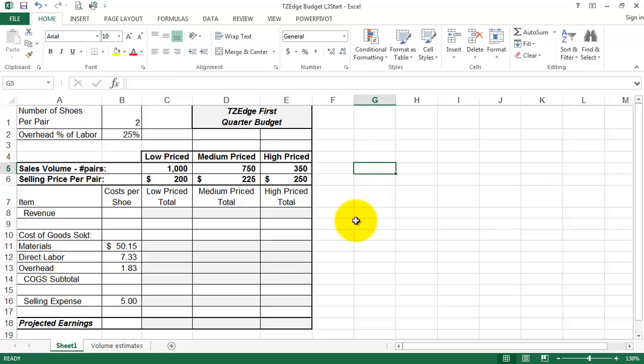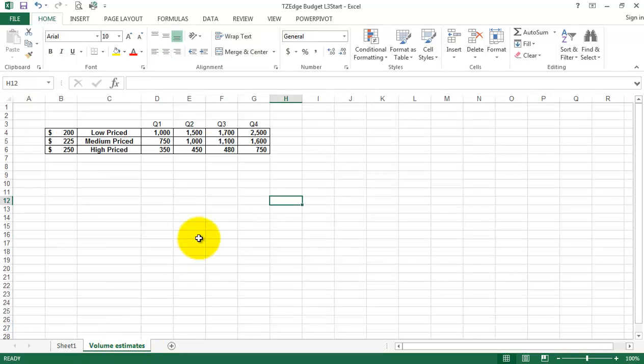So that's normal. So what we're going to try and do here is figure out the profitability, or what we call projected earnings down at the bottom here, based on this scenario: the low price scenario, the medium price scenario, and the high price scenario for the first quarter. We're also going to have estimates for the sales for the remaining quarters of the year. So that's down here in a tab called Volume Estimates.